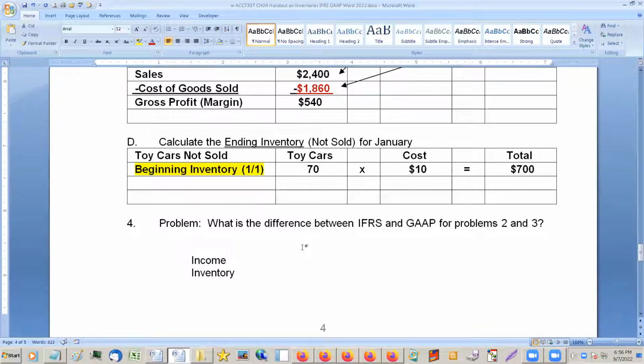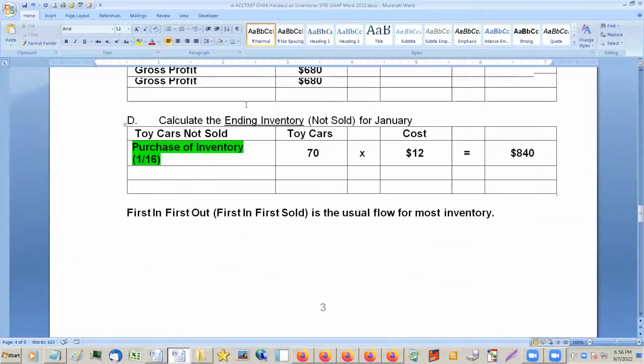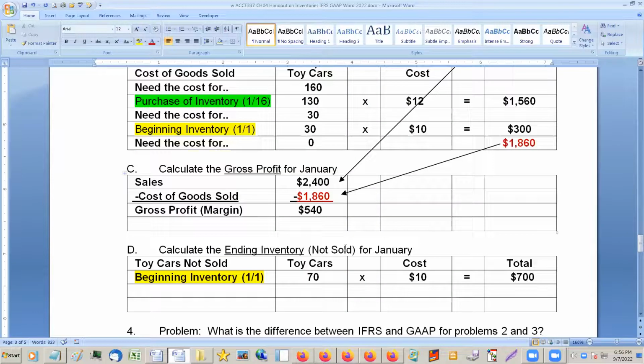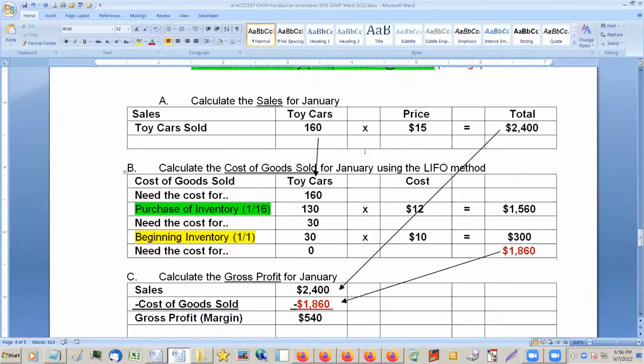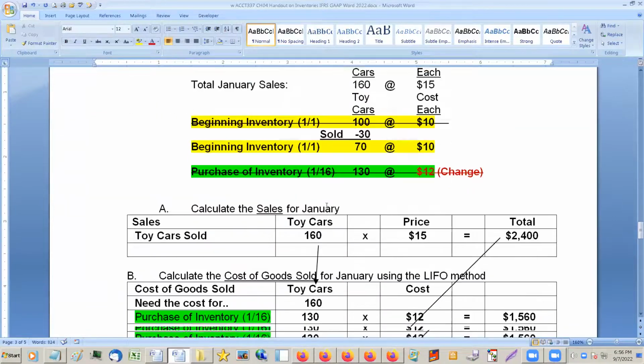That's a hoot. Okay, so for Heifers, their gross profit was 680, which we included in their income. And their inventory was 840.